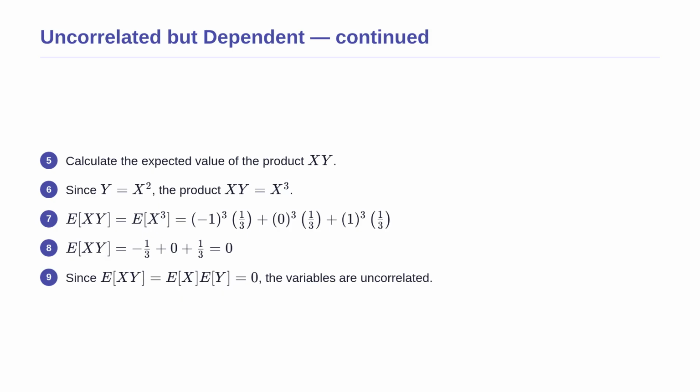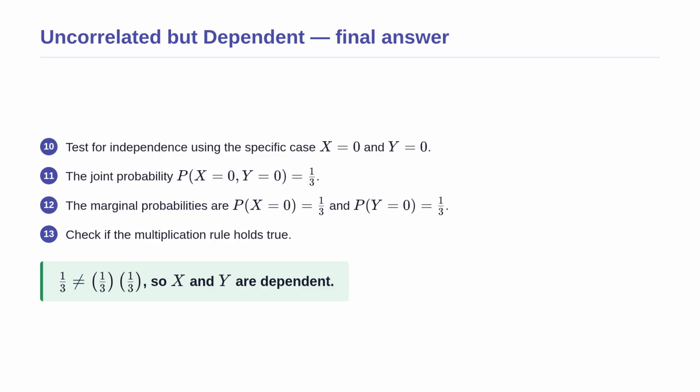Evaluating the cubes, -1 cubed is still -1 and 1 cubed is still 1. Just like before, the terms cancel each other out perfectly, resulting in an expected value of 0 for the product. We have established that the expected value of x times y is 0 and the product of their individual expected values is also 0. This means their covariance is 0, so they are completely uncorrelated.